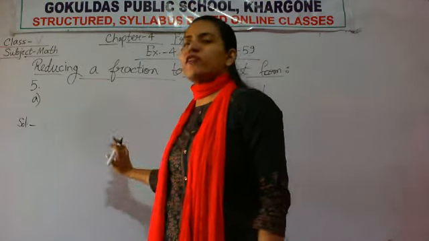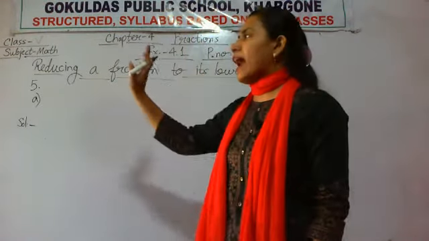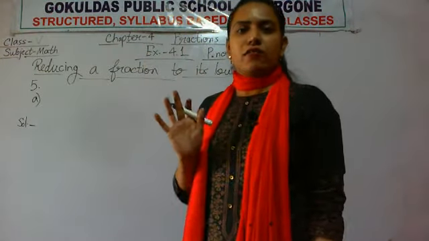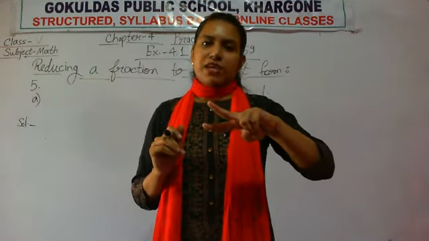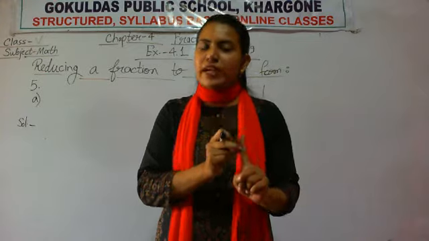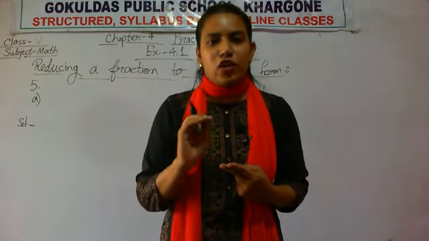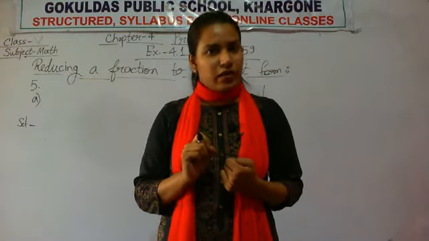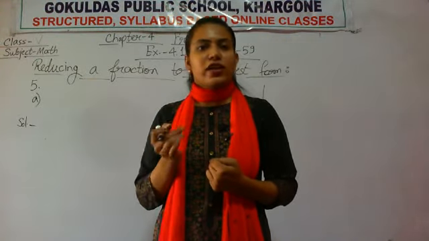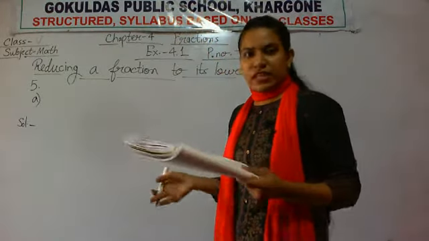The same method which we were doing in question number 4, the same method you will apply in question number 5. What is the method? Two steps are there. First step is to find the HCF of numerator and denominator. Second step is to divide numerator and denominator by HCF. And the final answer will be your reduced form. So we are doing this using the same method.